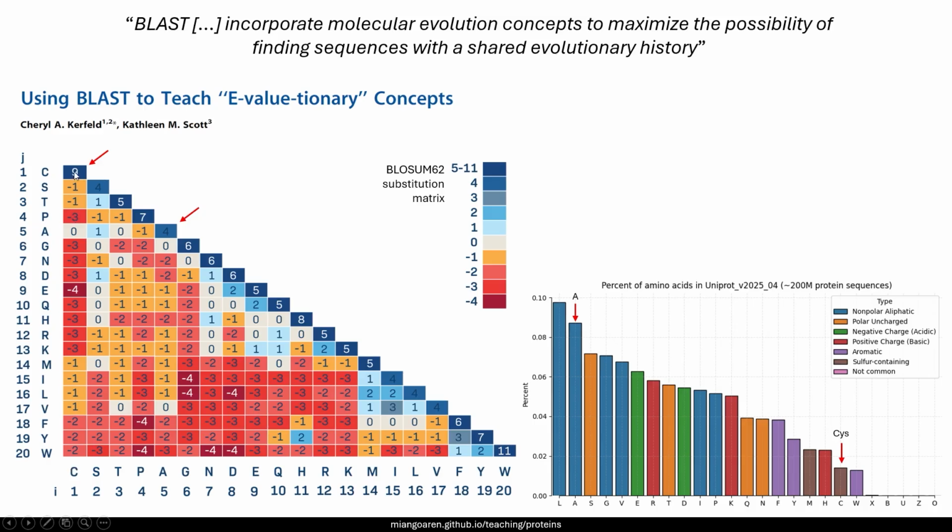In this case, it was arbitrarily given a score of 9, and this is actually quite peculiar because when we compare how the possible substitution of an alanine residue would be scored against another alanine residue that meets the same condition of being a substitution to the same residue, we see that it now has a score that is relatively lower. We see that a cysteine to cysteine mutation is given a score of 9, while an alanine to alanine mutation is given a score of 4. So why is this happening?